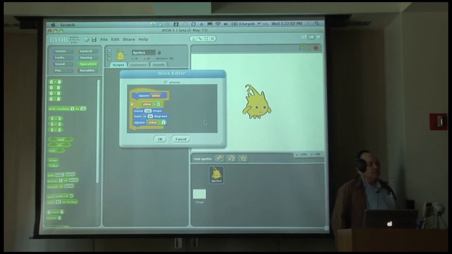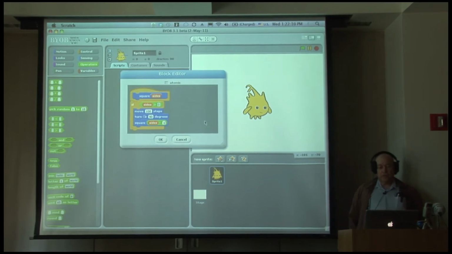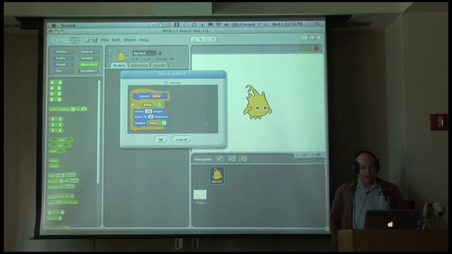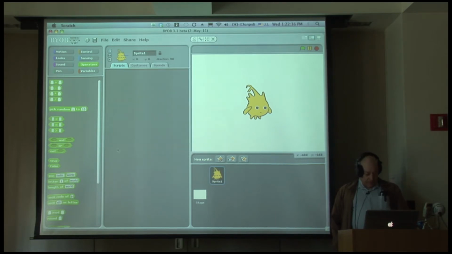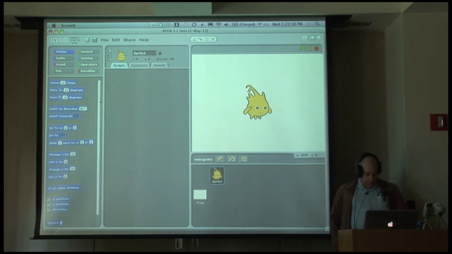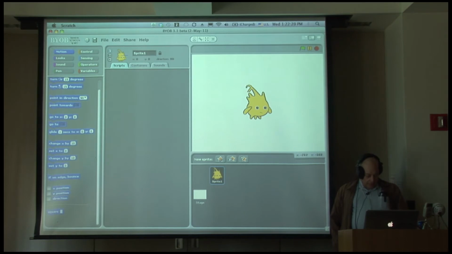So this is a recursive procedure to draw a square. And let me click OK on this, and I'll bring it back up in the editor in a second so you can see it. But meanwhile, I want to show you how it's used. Namely, I would say square 4. Oops, pen down.